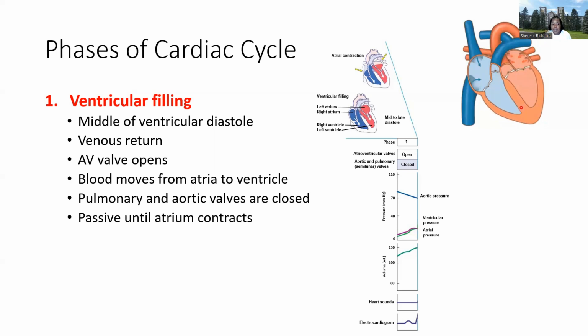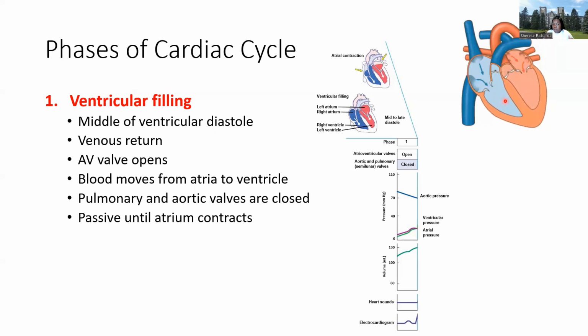This is going to begin as a passive process. In other words, initially, when that pressure in the atria rises, the AV valve opens, blood begins to fill down into the ventricle. That starts as a passive process. Towards the end of ventricular filling, the atria will contract, right?